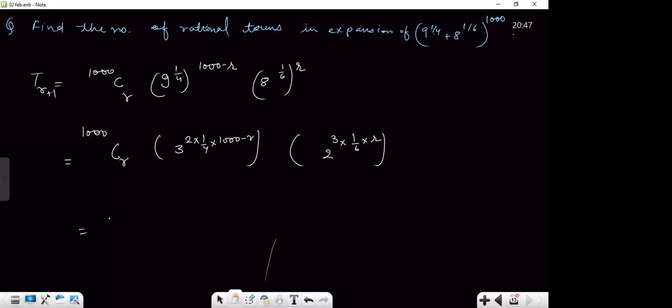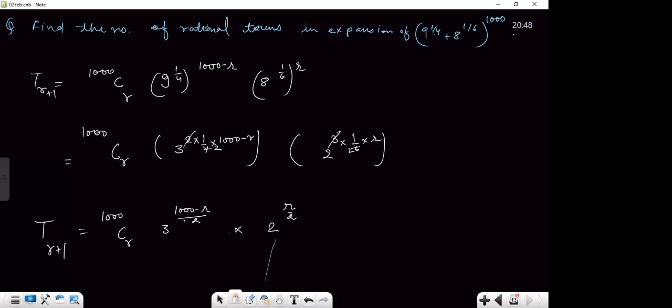Now the general term becomes 1000Cr, 3 raised to (1000 minus r) divided by 2, into 2 raised to r by 2, since 3 cancels 6 by 2. So this is the general term of this binomial expression in terms of prime numbers raised to some powers.